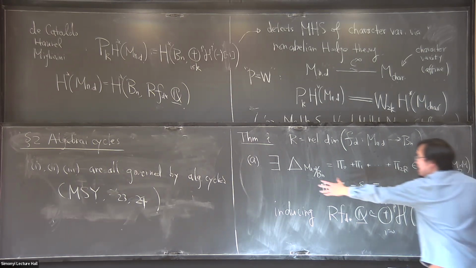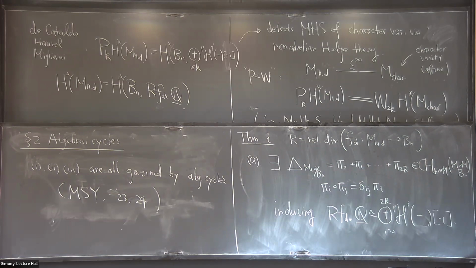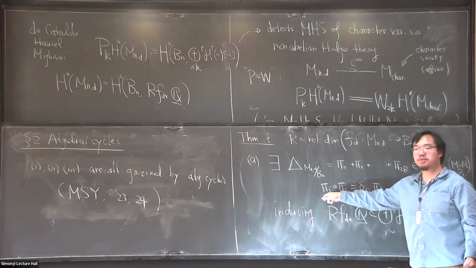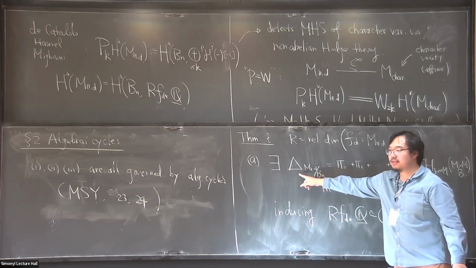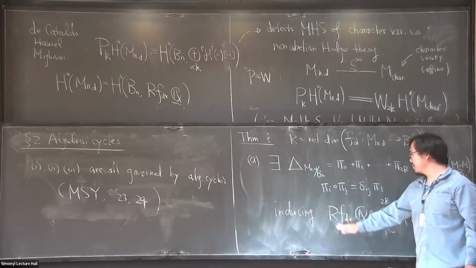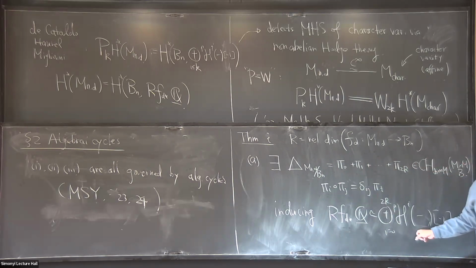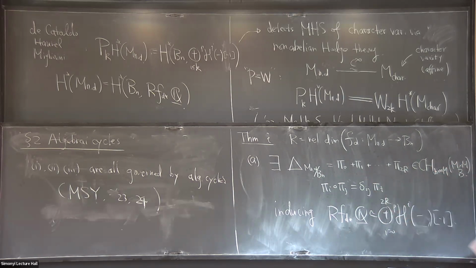You have a relative decomposition of the diagonal, and this condition tells you that these pi i are orthogonal projectors. Pi i composed with itself is pi i, composed with pi j is 0. Then you can use the relative diagonal to act on the pushforward complex, which of course is the identity. Each projector will project onto the corresponding perverse summand. So really each projection of the decomposition is realized by an algebraic cycle.